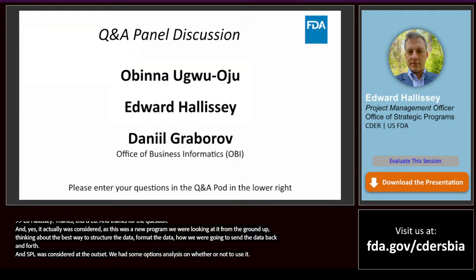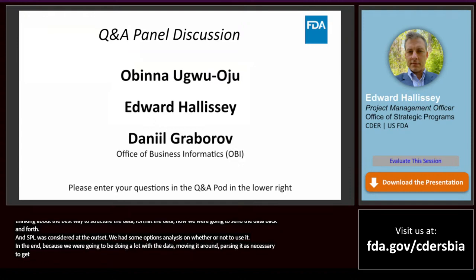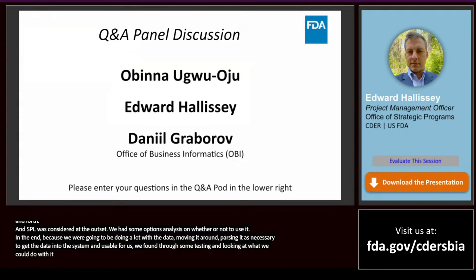In the end, because we were going to be doing a lot with the data, moving it around and parsing it as necessary to get it into the system and usable for us, we found through some testing that using just a very basic comma separated values file would be the easiest, most lightweight, and easiest to modify as time went on.